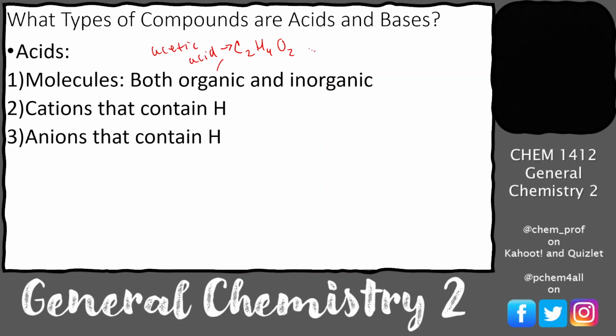So let me write out the structure of acetic acid. It's this right here. And these little wedges and dashes, remember your VSEPR shapes, are supposed to indicate the hydrogen coming out of the board or going back into the board. Then we have a carboxylic acid here. So a carbon double bonded to one oxygen, single bonded to another oxygen, and that oxygen has a donatable proton on it.